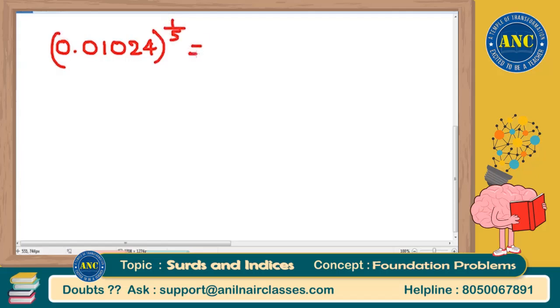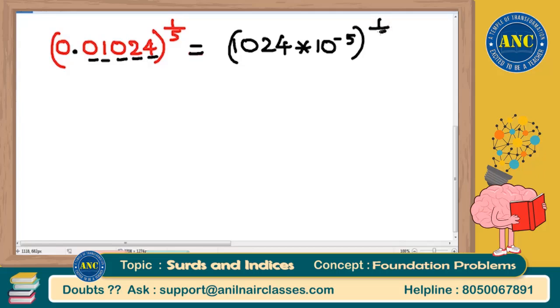Now, this can also be written as 1024, and if I start from the right-hand side, 1 place, 2 places, 3 places, 4 places and 5 places, after 5 places I have a decimal point. So it is nothing but 1024 multiplied by 10 power minus 5, whole power 1 by 5, right?